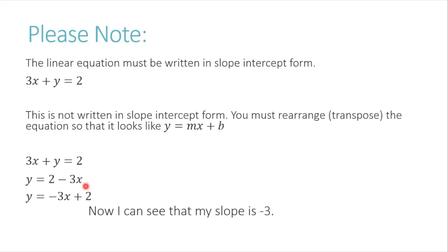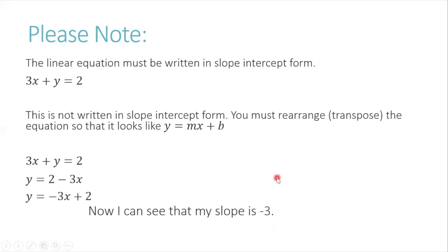And so we can just rearrange it like how we did the other example to negative 3x plus 2. Now it looks like y equals mx plus b, and now I can see that my slope is negative 3. Any questions? Was that clear enough?